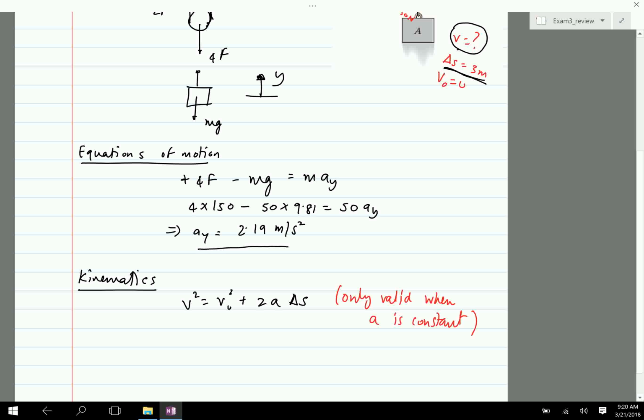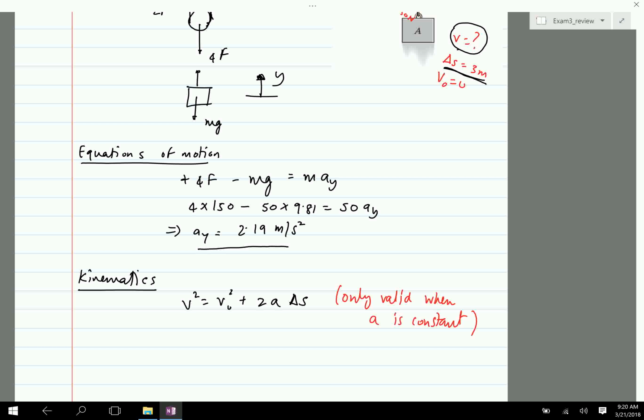So here's something to note. If I told you F was say 4t or 5t or 6t or 60t, then acceleration would be a function of time, and you shouldn't use that equation. If F was, let's say, 150t, then you'll have something to do with time right over here.